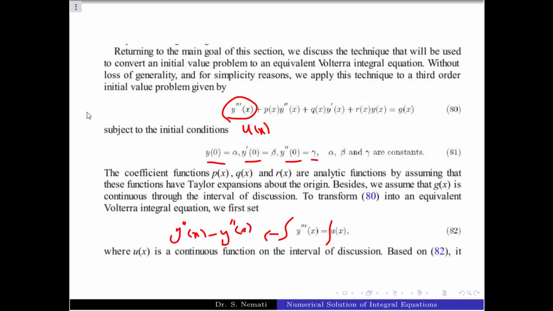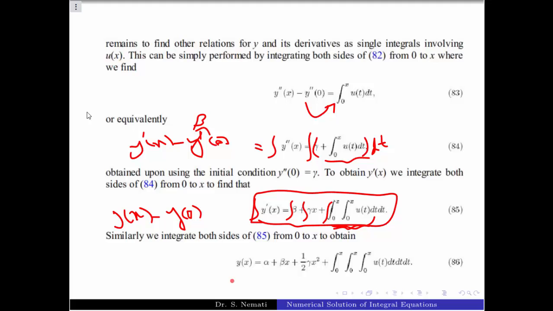So using the initial conditions that the value of y of 0 is alpha, by replacing this value we obtain y of x equals alpha plus beta x plus gamma x squared over 2 plus triple integral of u.